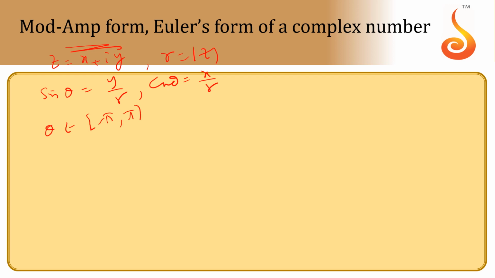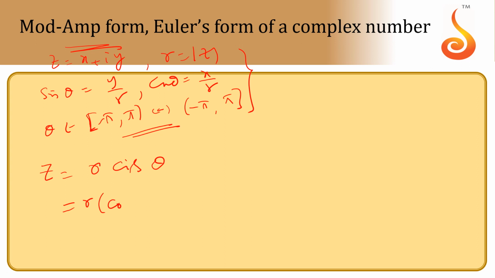Any one end should be open, any one closed, your wish. Such theta is called amplitude. So using that, any complex number z can be expressed as r into cis theta, where cis theta is cos theta plus i sin theta. This r is called modulus, this theta is called amplitude.